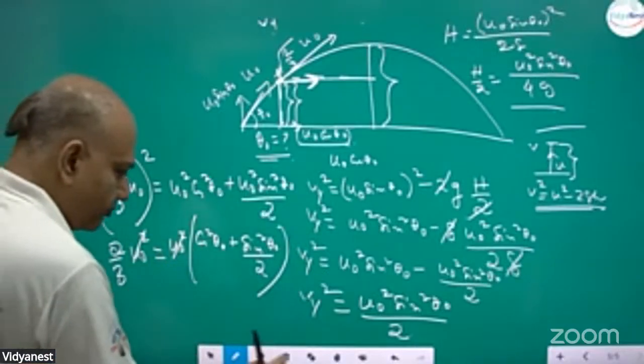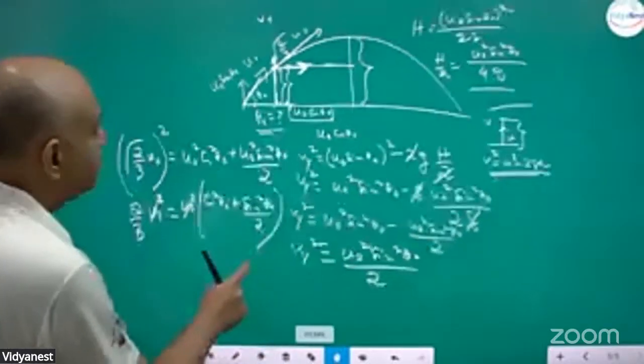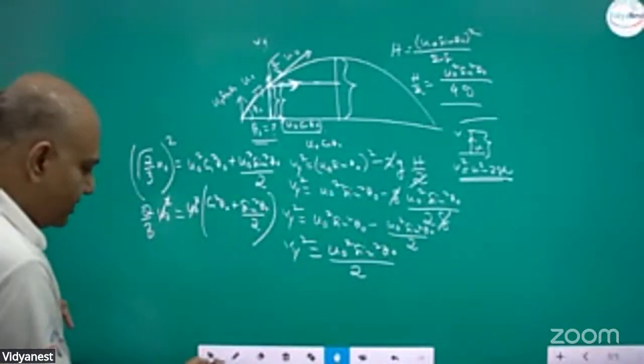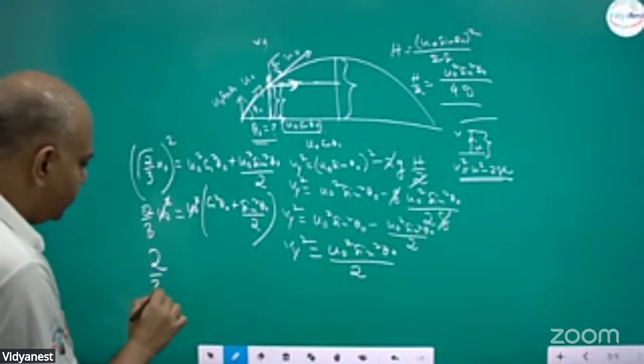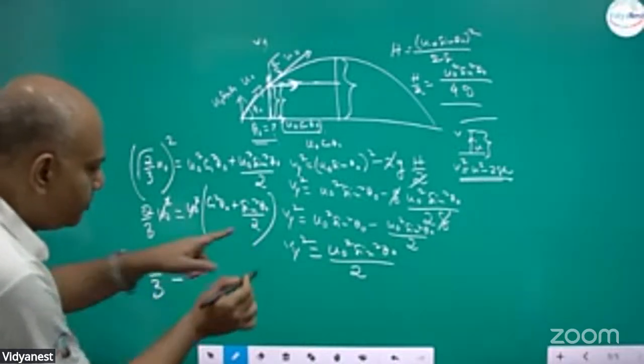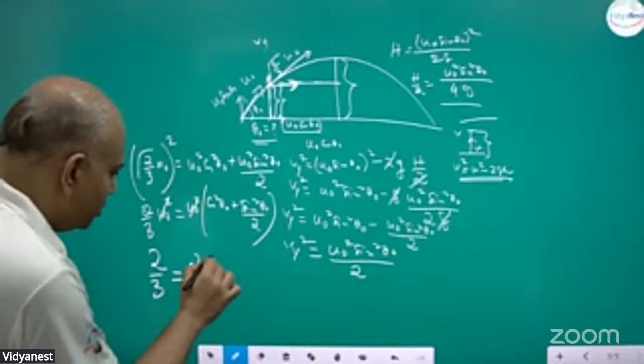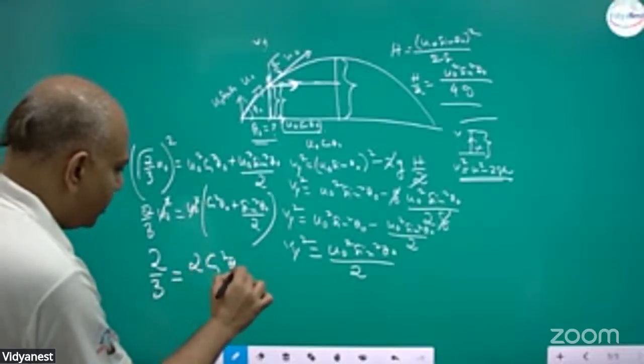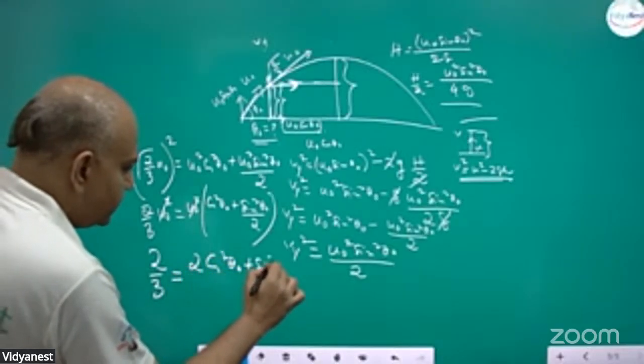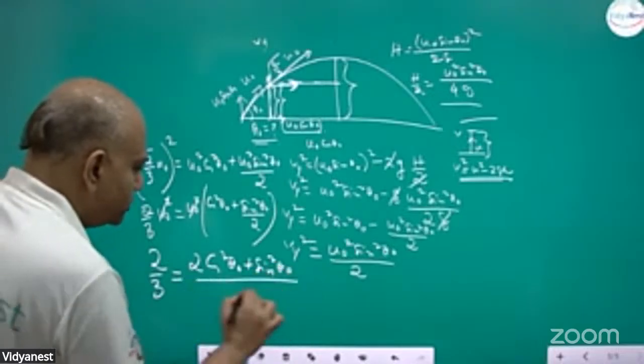What is coming? 2/3 is equal to, putting the 2 here, 2 cos square theta naught plus sine square theta naught by 2.